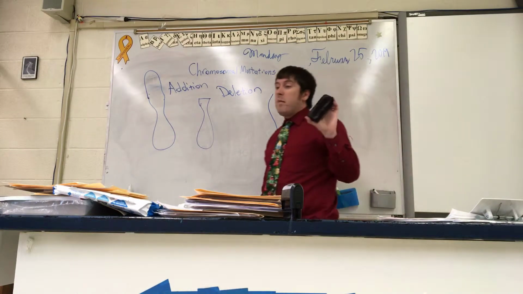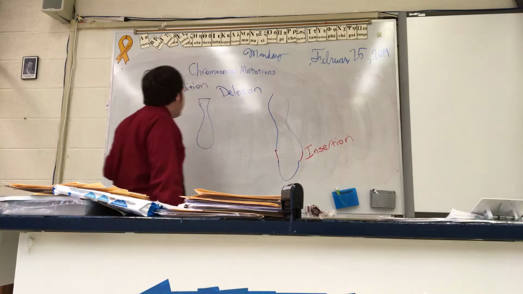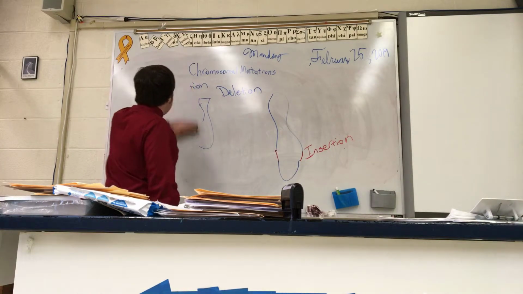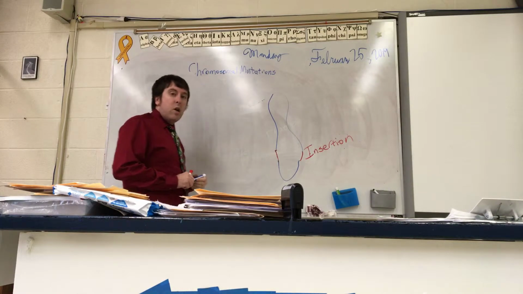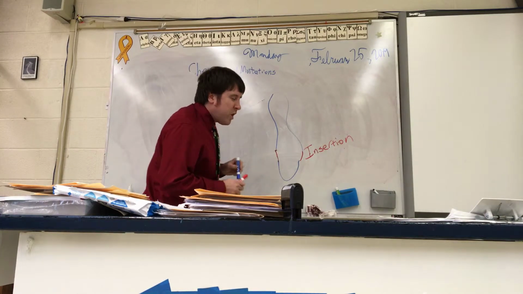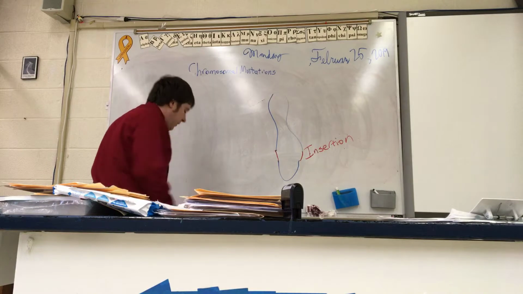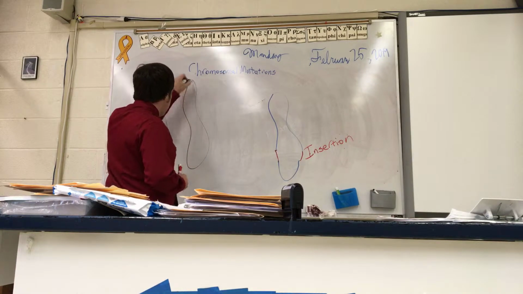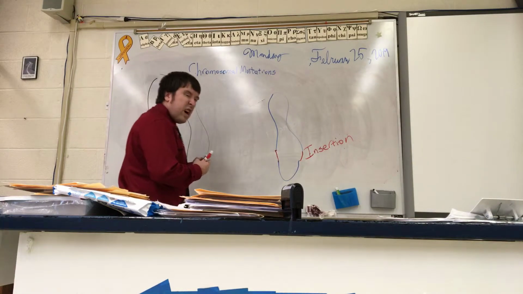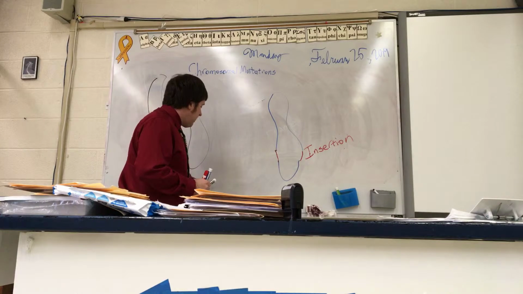Two other types of chromosomal mutations that are significant are these. We can have what we call a translocation. Let me show you what that looks like. In a translocation, you have two chromosomes. Let me make them different colors to really drive home what I'm talking about.